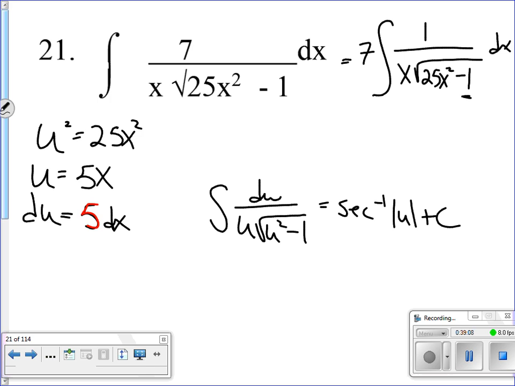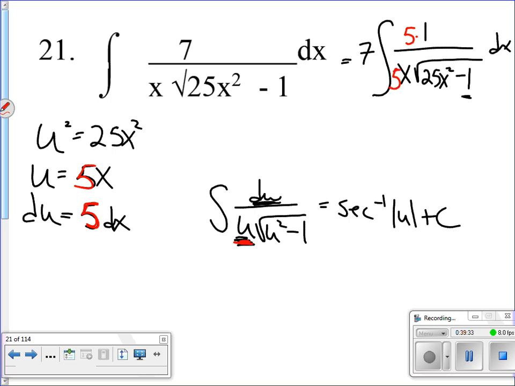Not only do we have to have a du up in the numerator for this formula, but we have to have the u out front. So to have du up in the numerator, I'm missing a 5. I put a 5 up here. But to have my u down here, I'm missing a 5 out front in the denominator.